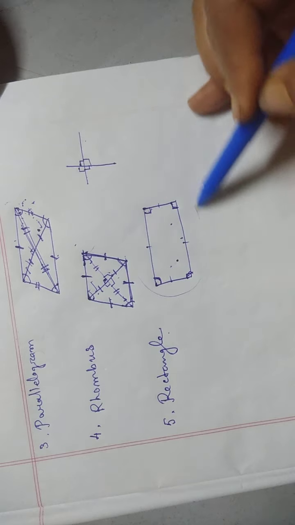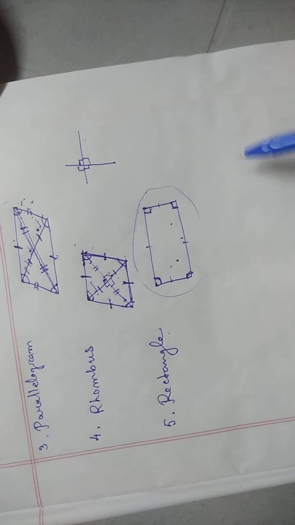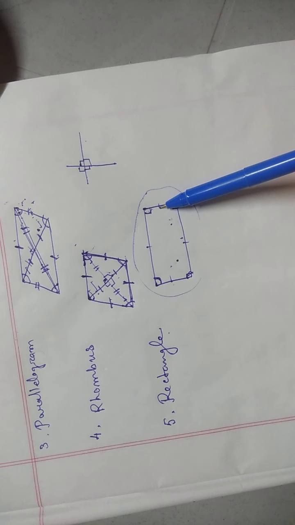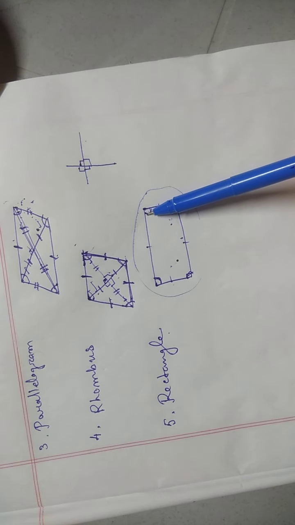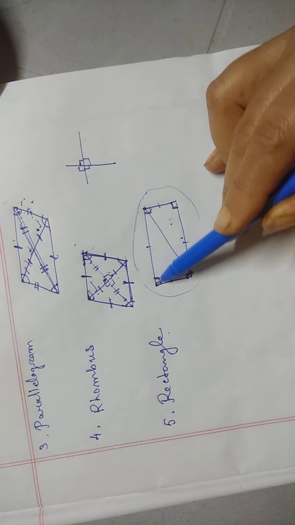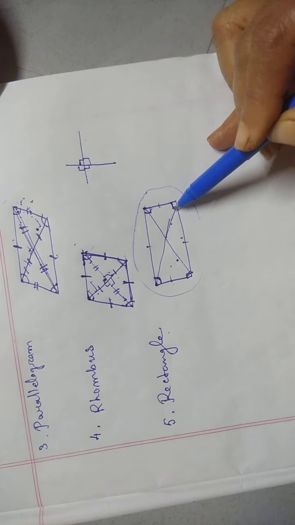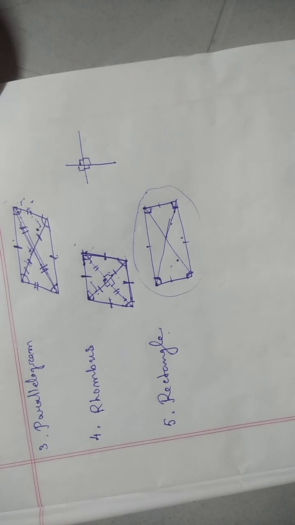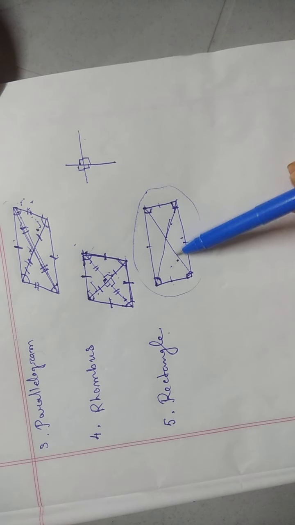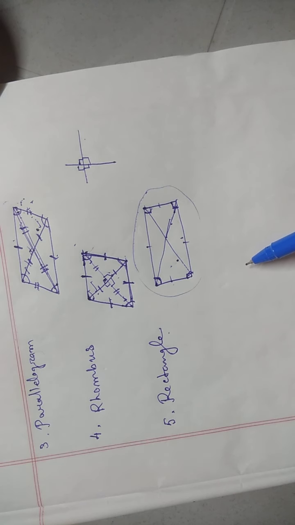So what are the properties here? You find out. Number 1, opposite sides are equal and parallel. Opposite angles are equal. Diagonals bisect each other. Here also they bisect each other. And diagonals are equal.